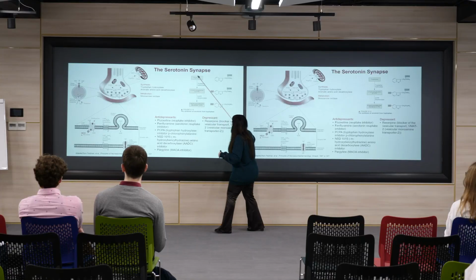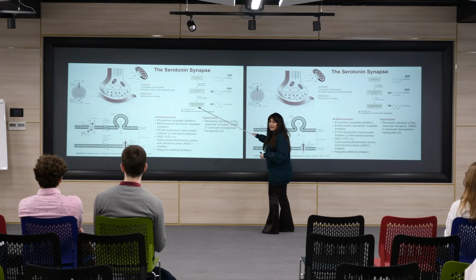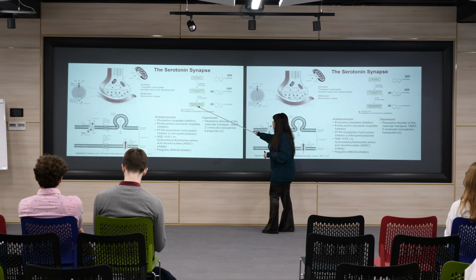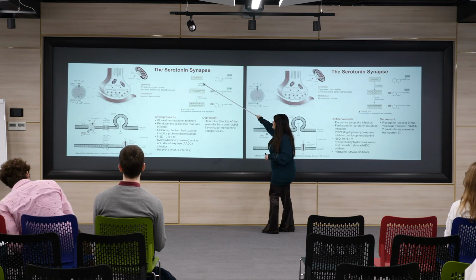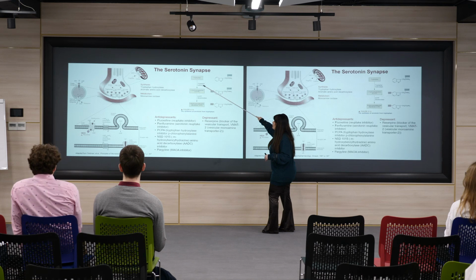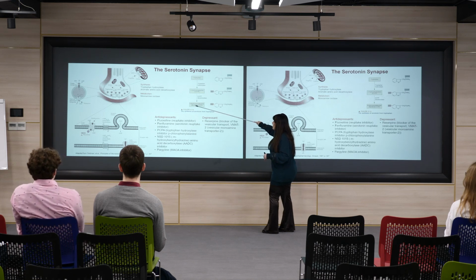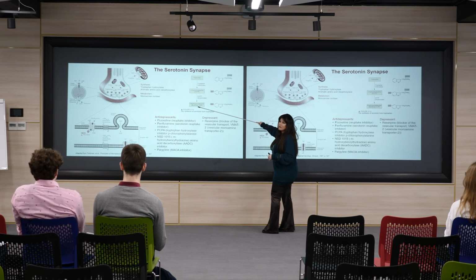For example, if you look at the previous slide, as I already showed, it is also the same thing. From the tryptophan, 5-hydroxytryptophan is synthesized with the help of the tryptophan hydroxylase enzyme. So one enzyme, the second enzyme. These two enzymes are involved in the production of serotonin.